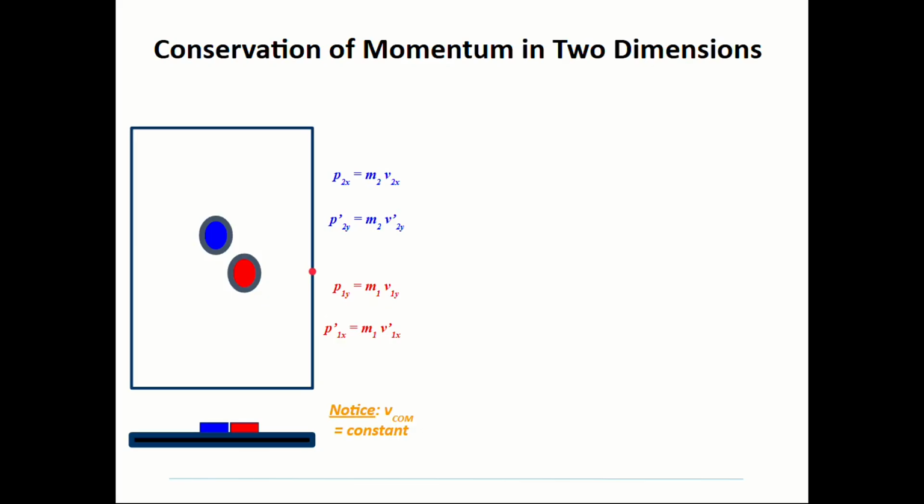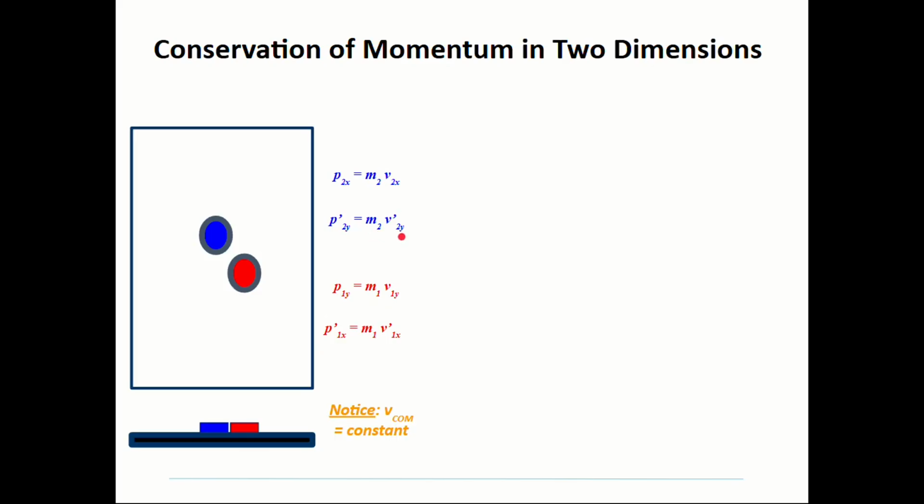And what we see here is that our new momenta become this, where we have P prime for the new state, and I have 2y this time for my blue puck, because it's eventually going to be moving in the y direction, that's what I'm assuming here. That is equal to m2, the mass doesn't change, times v prime 2y.